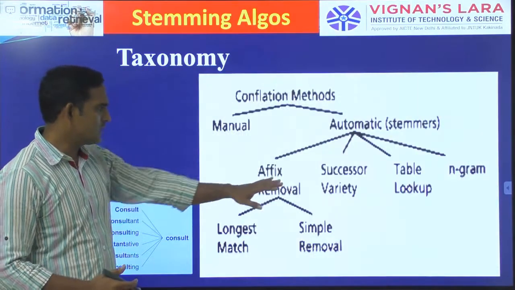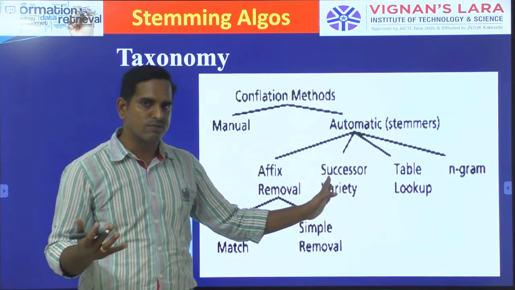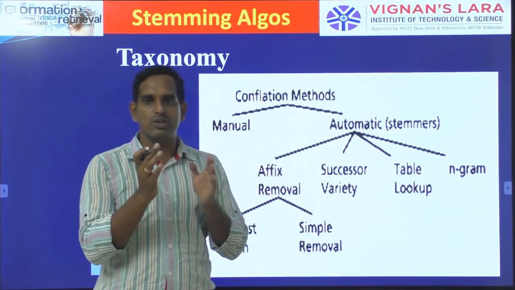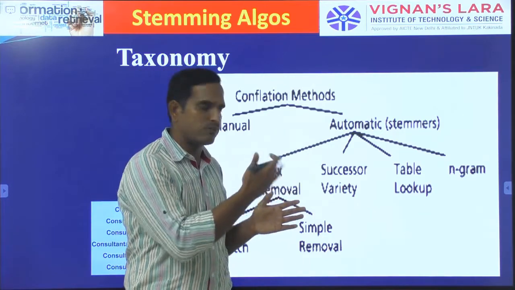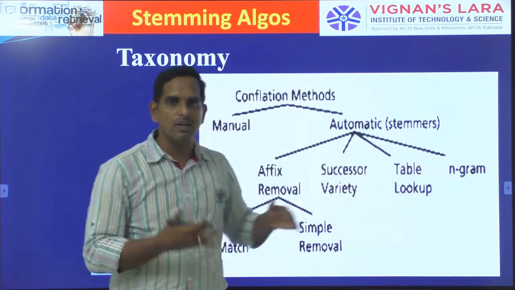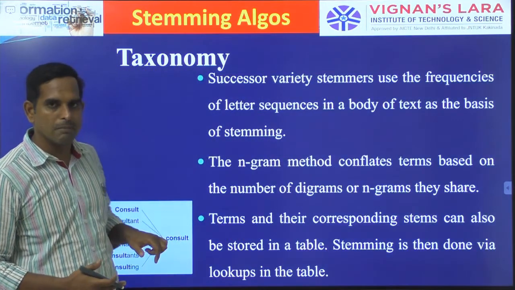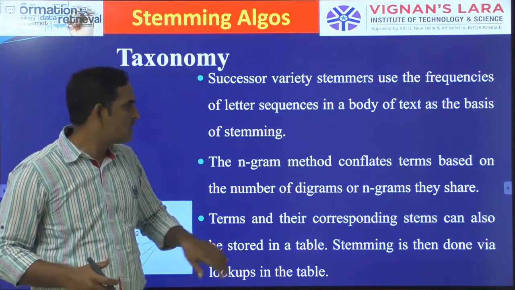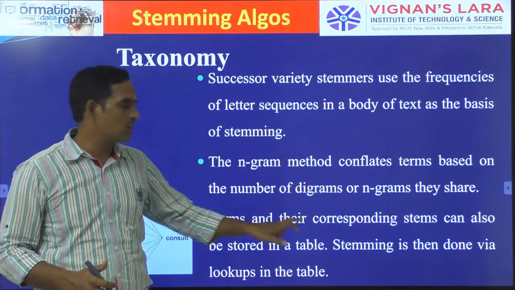So these are the various types: successor variety, where we use the frequency of successors; table lookups, where we store the complete stems and terms in a table and perform lookups; and n-gram, where we use digrams or n-grams to carry out the stemming process. We will look at those stemming processes in later sessions. For the time being, this is the taxonomy of the various types of stemming algorithms.